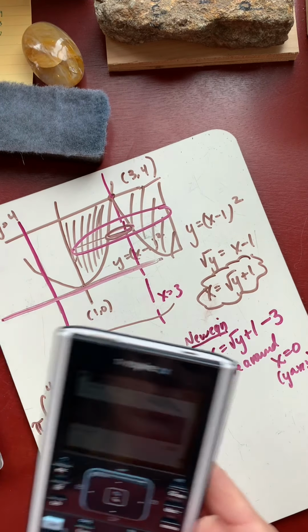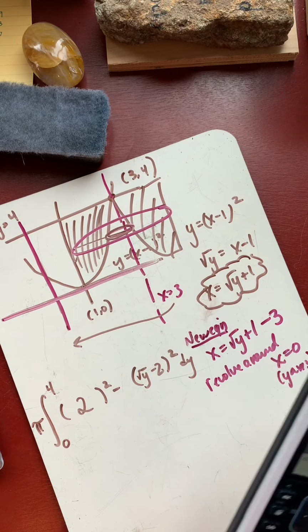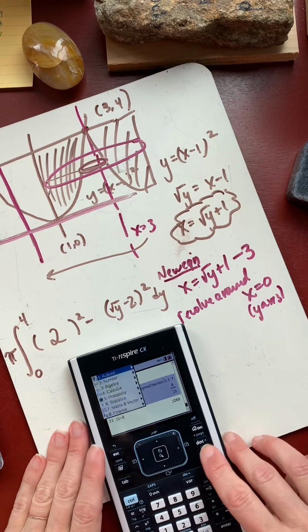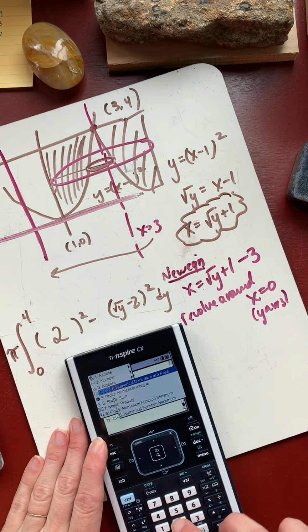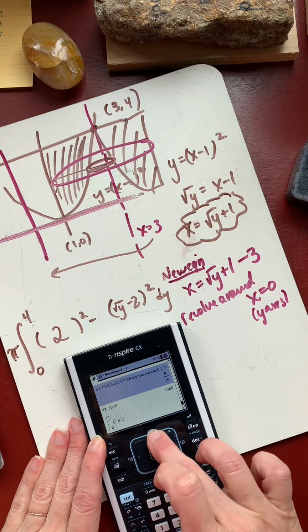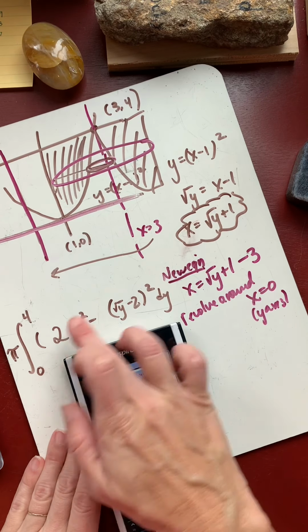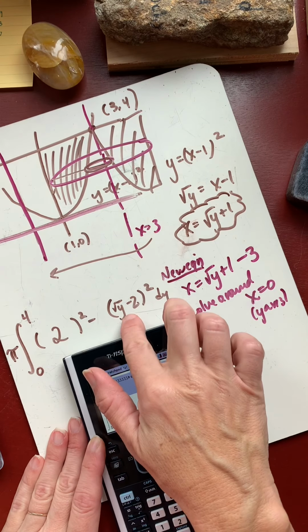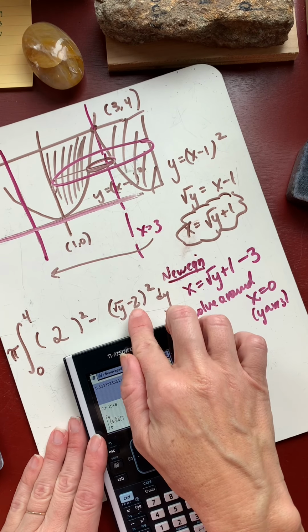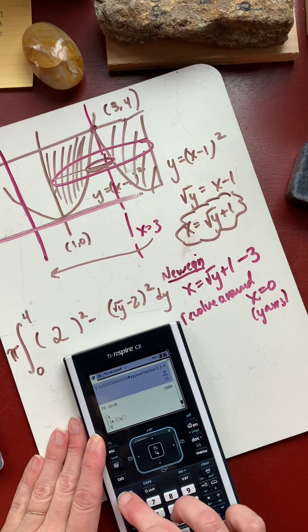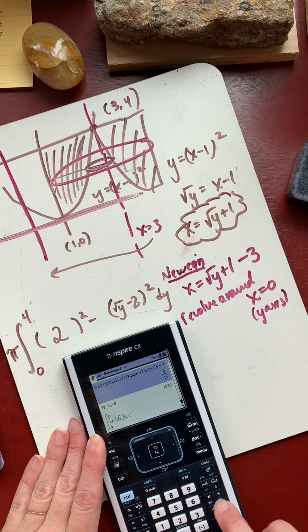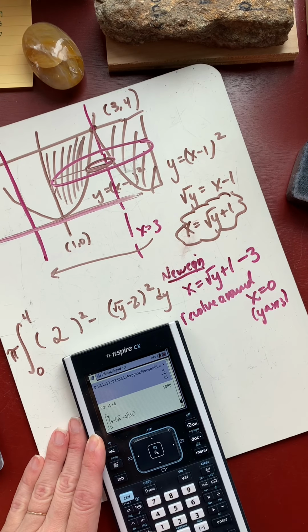Khan Academy says keep it in terms of pi, so let's see. Zero to 4, so 2 squared minus this whole thing squared. You would have to FOIL this out because the whole quantity is squared, so let's just keep it in parentheses and put in the square root of, I'm going to put x into my calculator and just tell my calculator it's in terms of x and not tell it that we're really in terms of y.